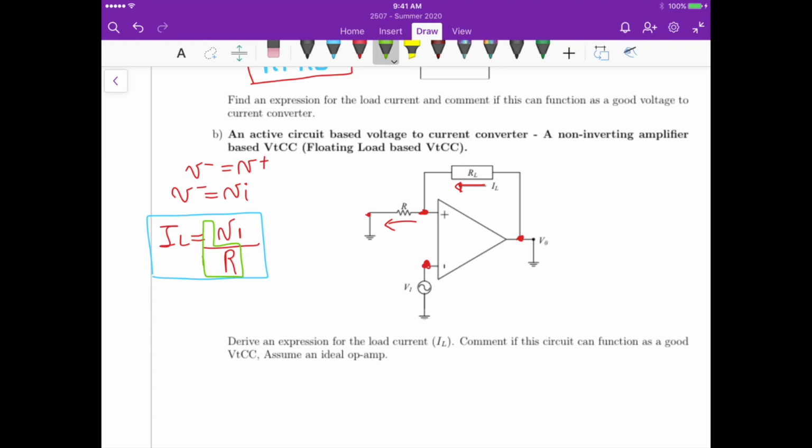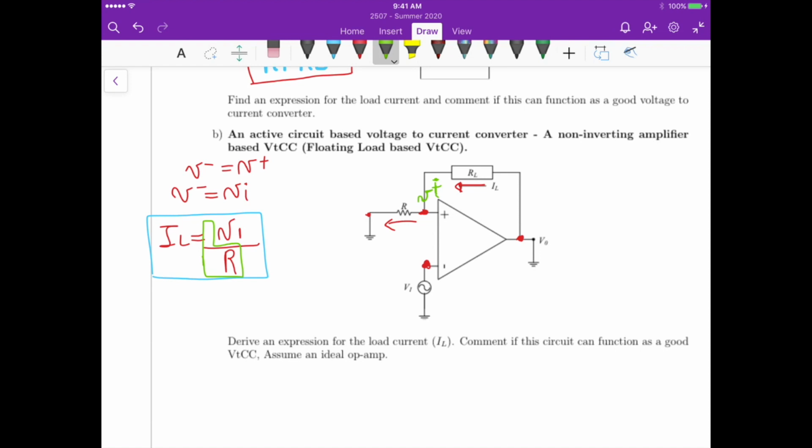But the thing is that if we keep decreasing this voltage, so remember that here we have Vi, sorry, right? If we have Vi, we could say that this current is also like V out minus Vi divided by RL, if we want to derive this equation.